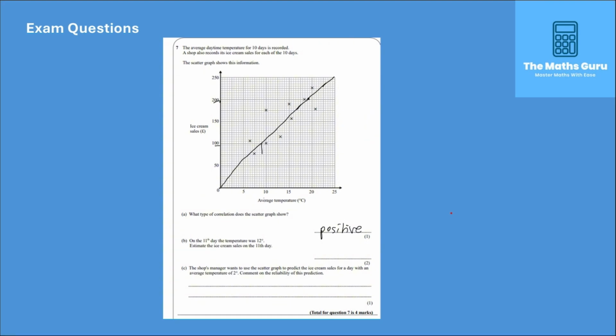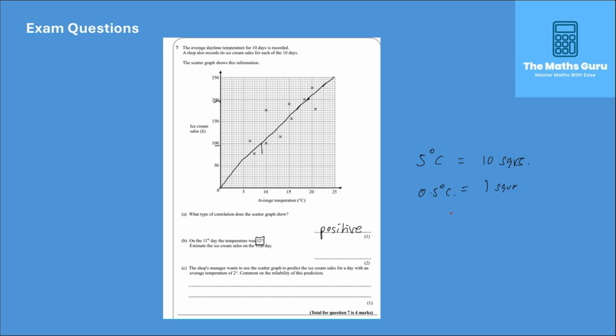Looking at part B, it says on the 11th day, the temperature was 12 degrees. Estimate the ice cream sales on the 11th day. So we look at our average temperature and we go to 12, and we see that 5 degrees Celsius is equal to 10 squares, which means that 1 square is equal to 0.5 degrees Celsius.